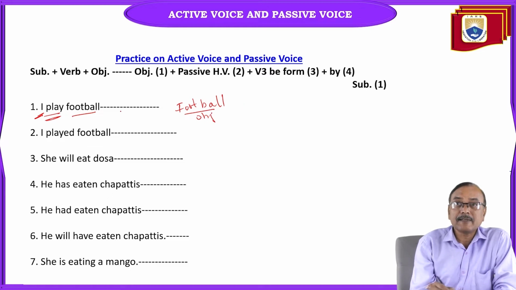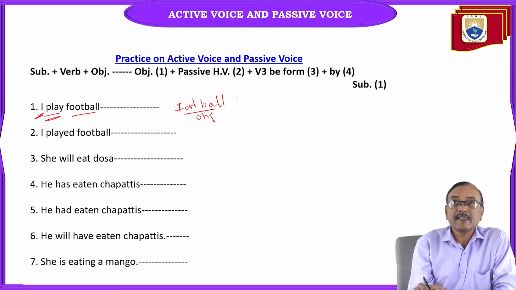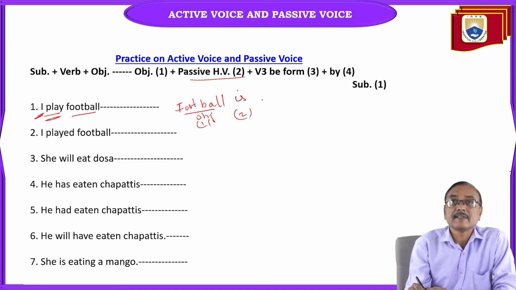It is present tense. In present tense, the passive helping verb is "is". Then V3 form. This is rule 2, this is rule 1. Then the verb should be in V3 form, played. Then by me.